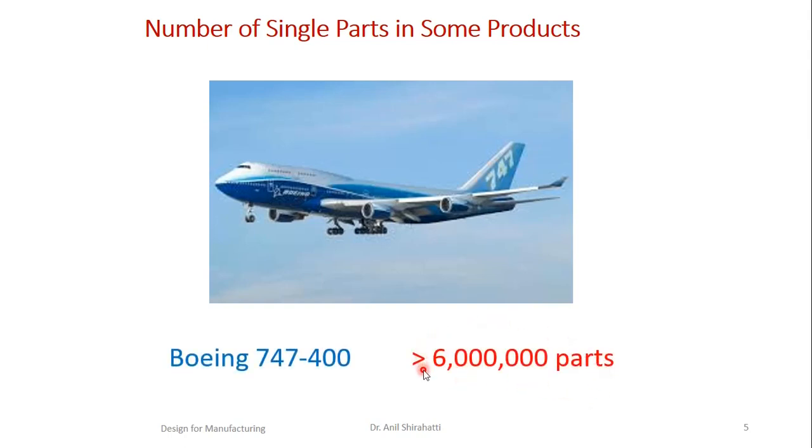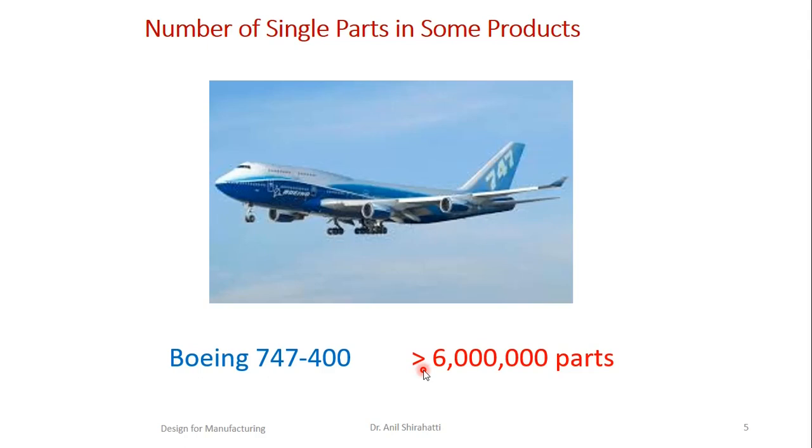So what happens is, as these parts are produced by different producers or suppliers, they should come to a single place and get assembled. So it is very important that the tolerances between all the parts match each other, and only then can they be fitted properly.